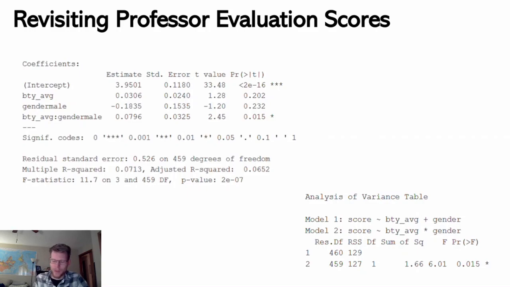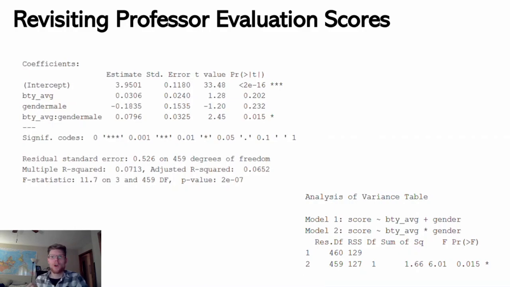You will notice, by the way, that this matches the t-test p-value because this is measuring the statistical significance assuming that we already had these other terms in the model. So if I'm comparing two models where there's only one term difference, then the t-test result should match the f-test result.